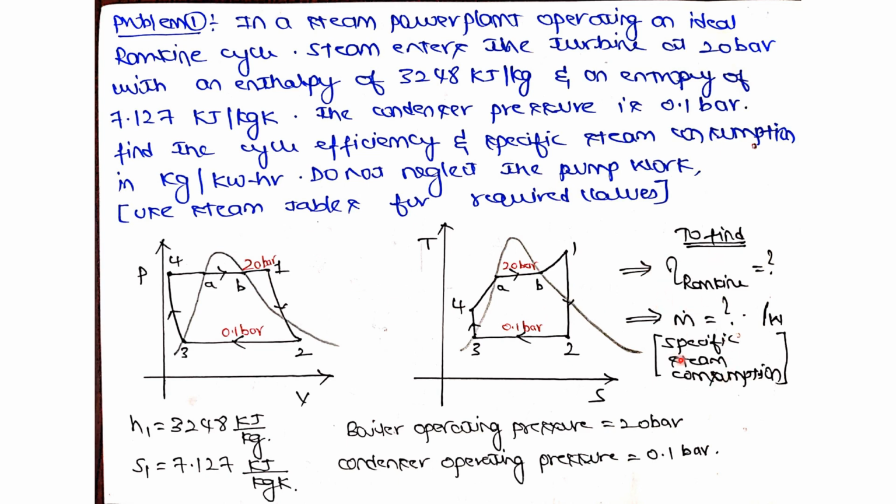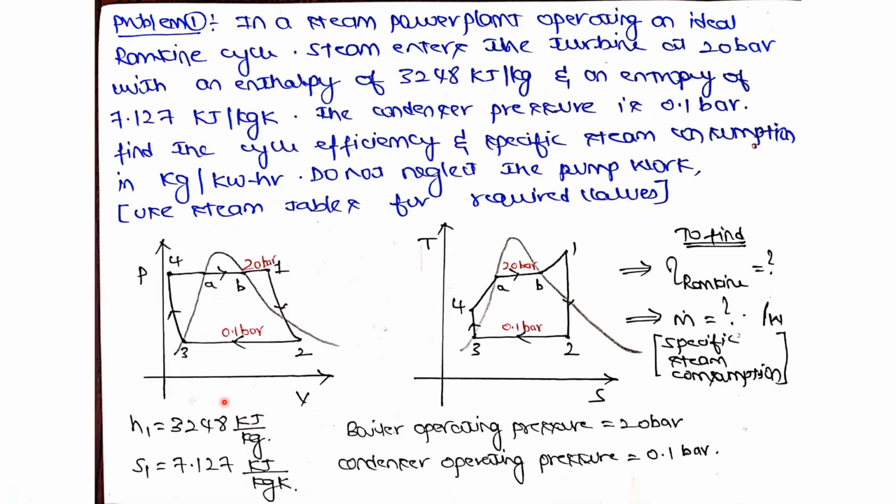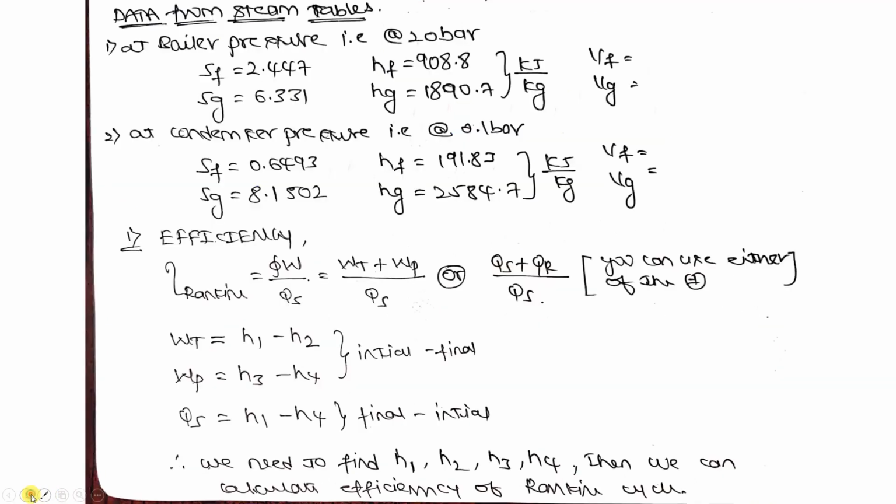Okay. Now you can refer to your data handbook and note down at boiler pressure. What is the boiler pressure again? You can come to the PS diagram. This is the boiler pressure, 20 bar. If you refer to the steam table at this particular 20 bar, what is the value of SF, SG and SFG? Kindly note it down. After that note down HF, HG and HFG.